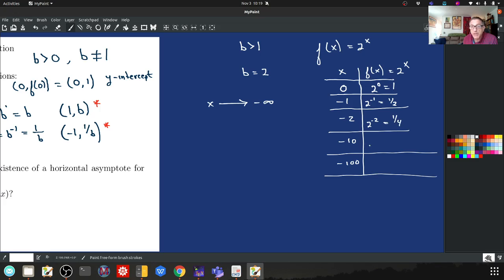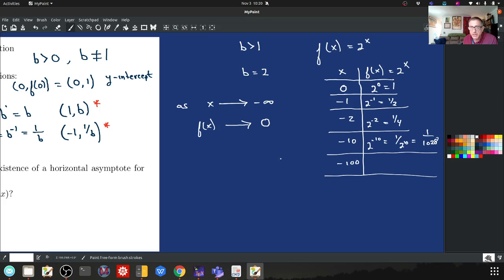That's smaller than 1/2. 2 to the -10 is 1 over 2 to the 10th, which is 1 over 1024, which is even smaller. So we can see in the case when b is greater than 1, as x goes to -infinity, f of x goes to 0.